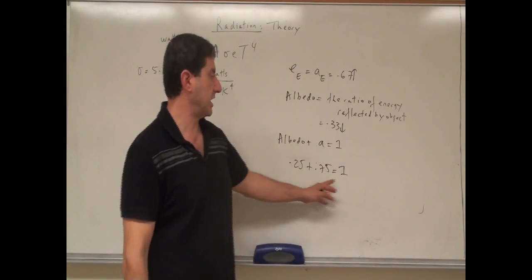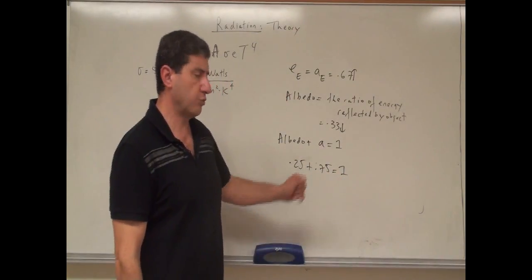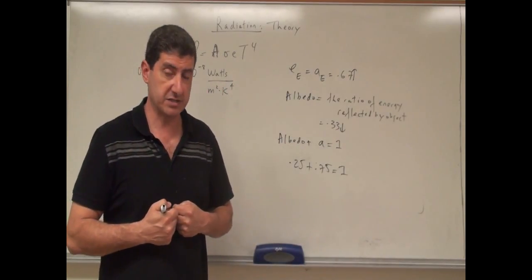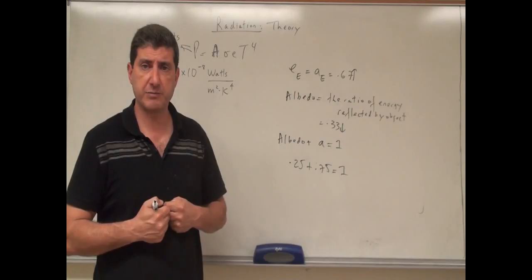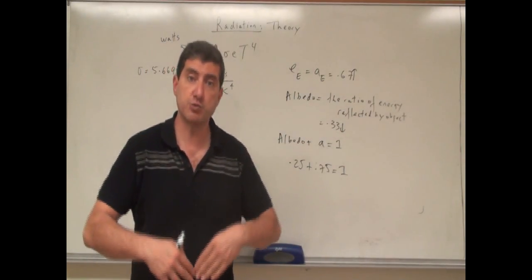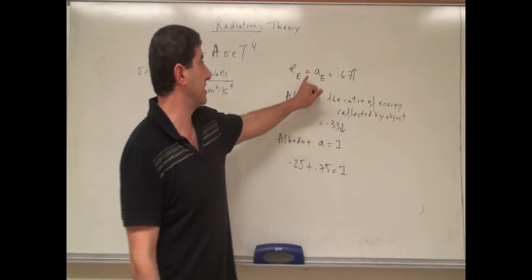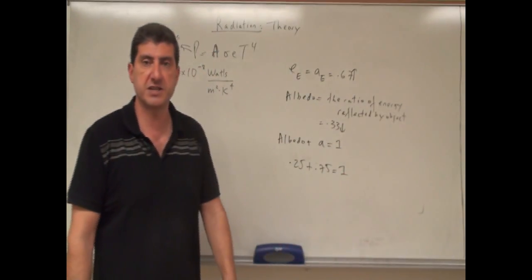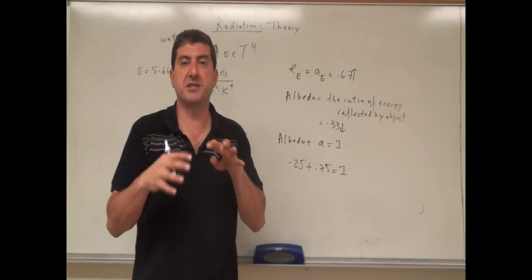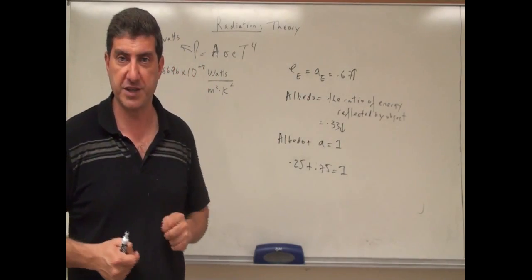So together they have to add up to 1. That means the Earth would absorb 75% of the energy that it receives from the sun, and it would reflect 25%. And then on top of that, the Earth would re-radiate that energy because the emissivity and the absorptivity are the same, but at a lower temperature, since its temperature is lower than the temperature of the sun.